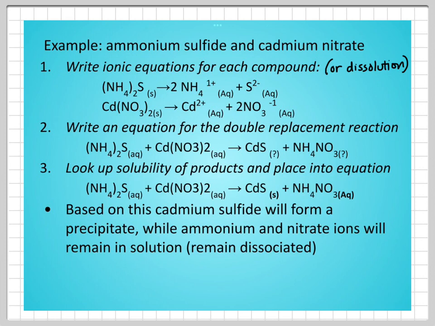Then I have to look up the solubility or the predicted solubility of those potential products and put that into the equation. So what I find is that cadmium sulfide, in fact, is not soluble in water, while ammonium nitrate is quite soluble in water. Based on what I have found then, I'm going to say that the cadmium sulfide will precipitate out, but the ammonium and nitrate ions are just going to stay there in solution. They're going to remain dissociated.